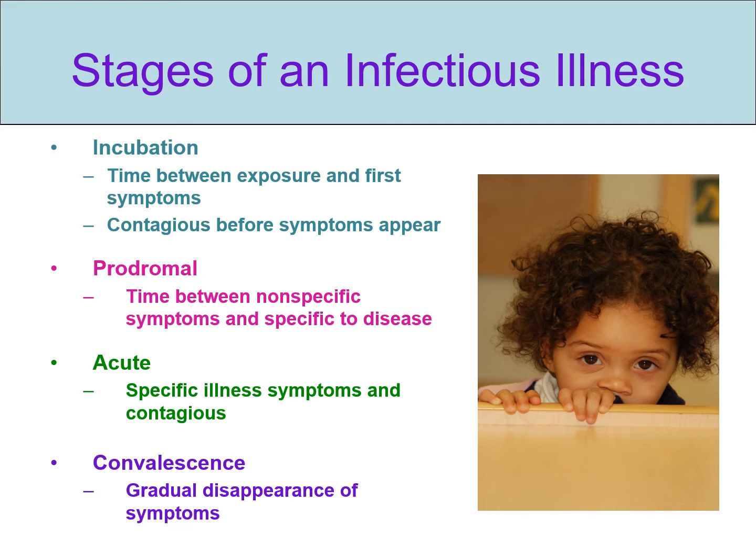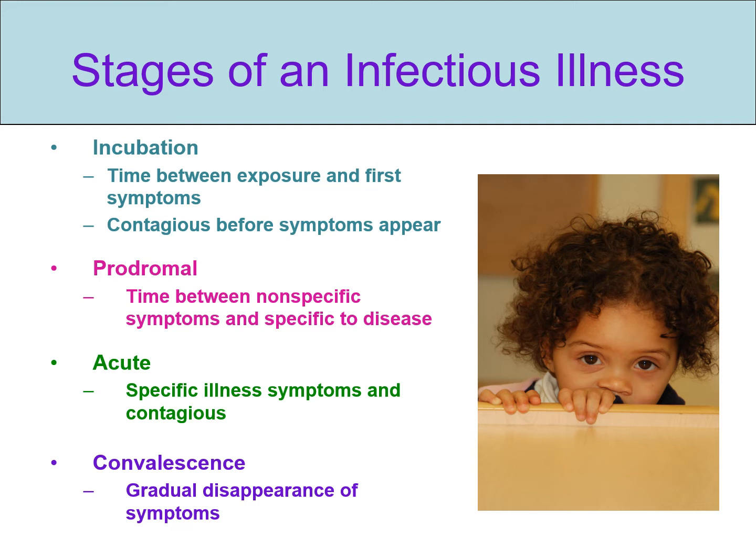So the stages of an infectious illness include the incubation period, and this is the time between exposure and the first symptoms of an illness, and they're usually contagious before the symptoms appear. That's one of the issues with communicable diseases: you can transmit a disease before you even know you have it.